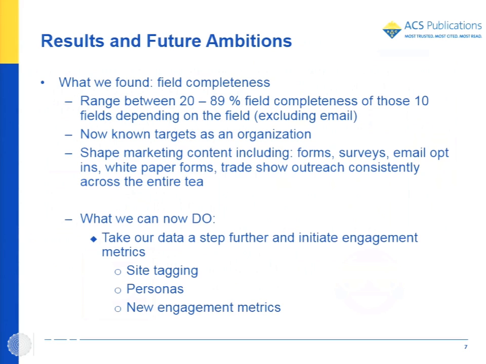And having that knowledge has helped us shape the marketing content that we're creating, forms and surveys and email opt-ins and white papers. We're now asking for that information right up front. And we're gathering it and we're collecting it and we have a goal. And as we start completing more fields, we'll start adding new fields to this list of 10 that become important as business moves and different things become important in the marketplace.